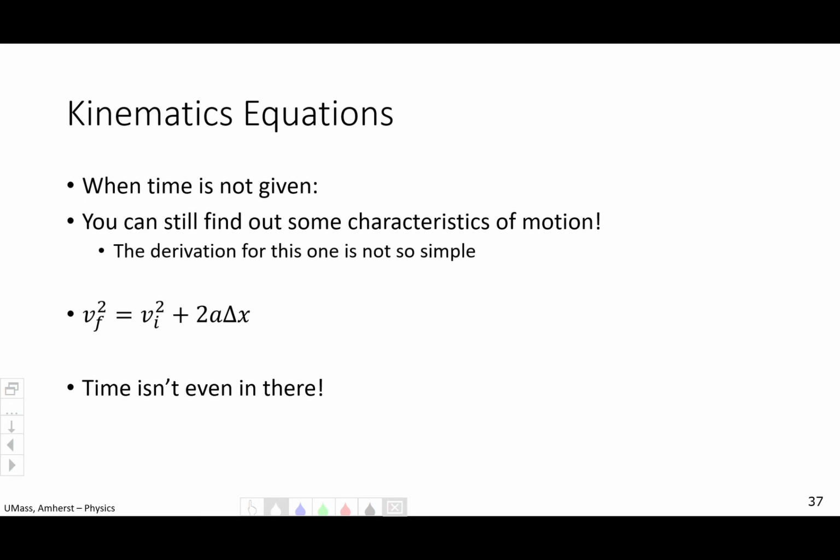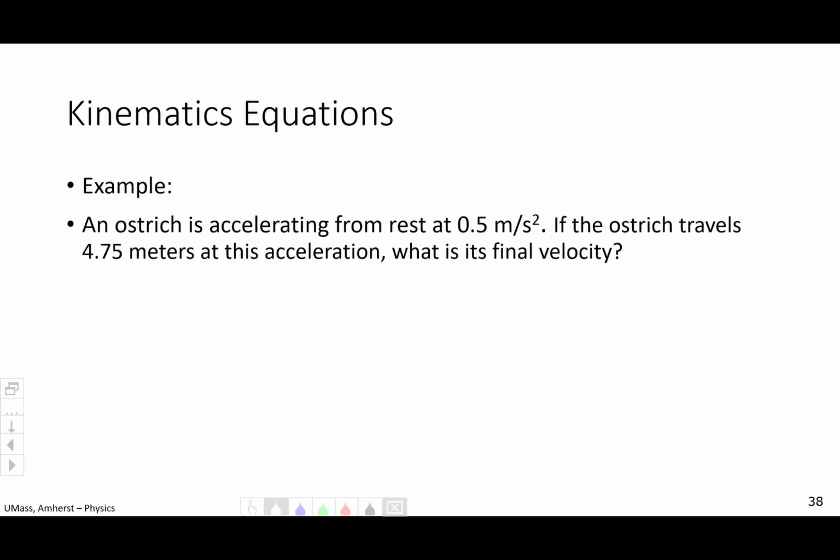So Vf squared equals Vi squared plus 2a delta x. Notice that time is not present at all. As long as you know 3 out of the 4 pieces of information here, you can solve for whatever you might want. So let's go ahead and move forward with this equation.